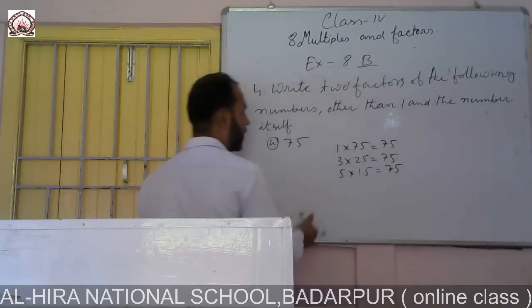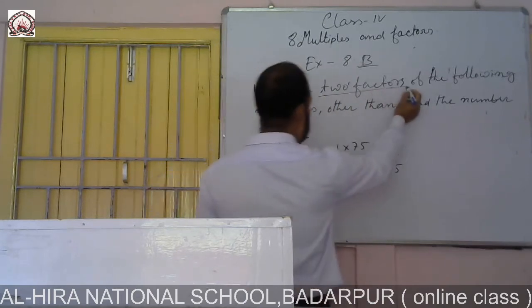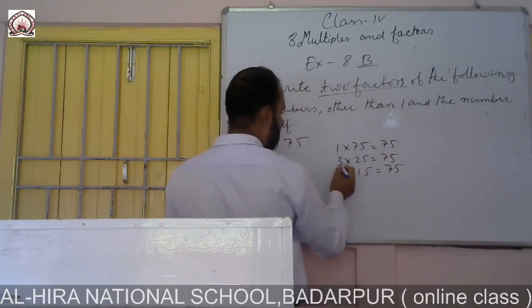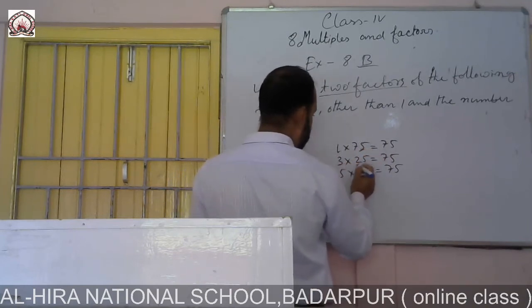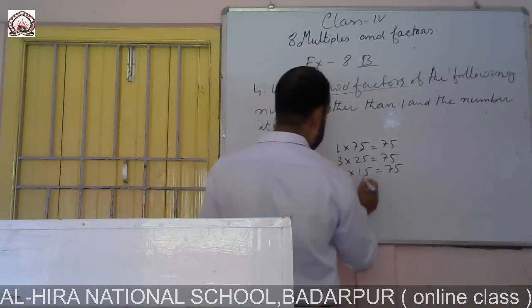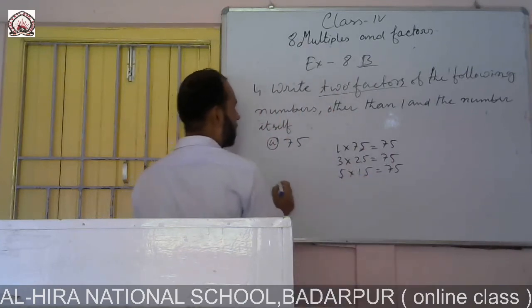So here we need only two factors. We already got four, except 1 and the number itself: 3, 25, 5 and 15. So we write any two.